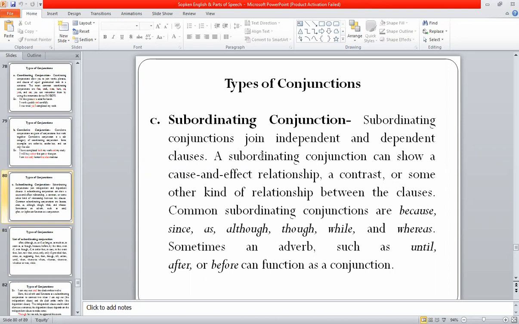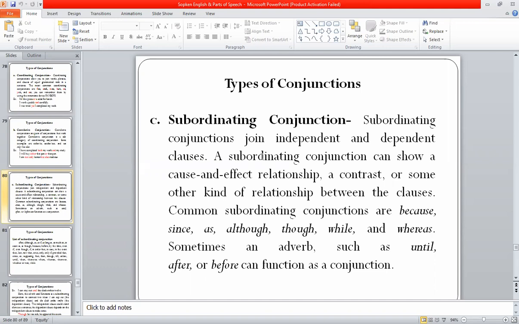The subordinate clause always depends on the main clause for having a meaning. We can't understand the meaning of a subordinate clause without the main clause in a sentence.